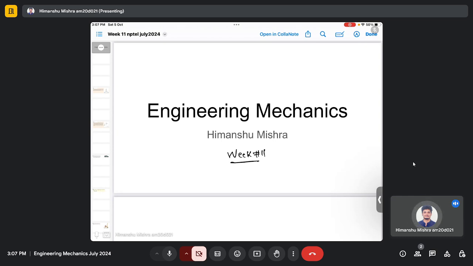I will not go into detail, just a basic revision, and then we will start solving questions in this tutorial. In this tutorial we will be solving questions related to kinetics problems, where we will be associating the dynamical variables like force and movement with the kinematic variables like acceleration and velocity and so on.